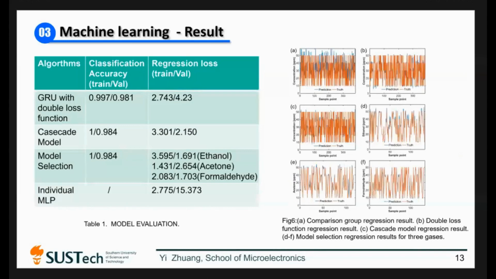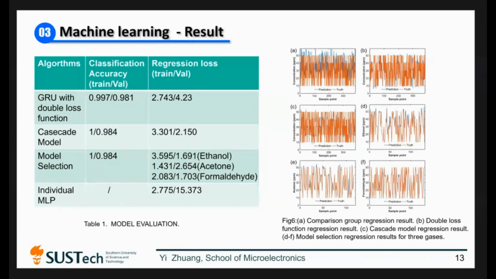This table shows the model evaluation results of those three approaches and the comparison group, an individual MLP. We can see they all have better performance than the individual MLP model. Figure A represents the identification MLP model's prediction and the truth.